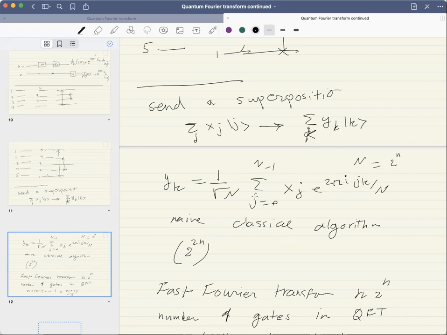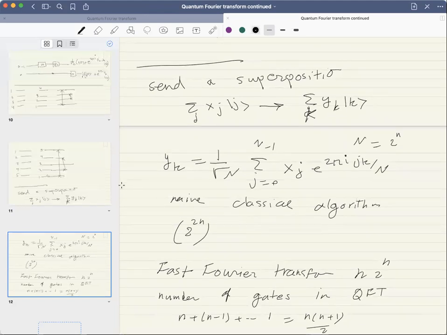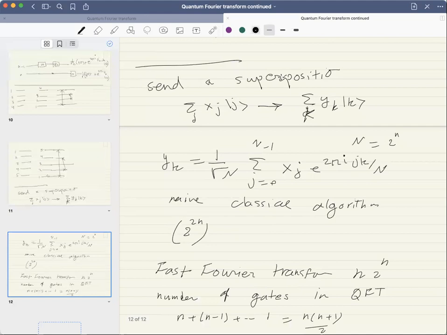So the Fourier transform is the basis of an algorithm that we'll talk about next time, known as quantum phase estimation. And of course, the crowning achievement of these types of ideas is Shor's factoring algorithm. If you have a very large integer, classically it's very hard to find its prime factors.